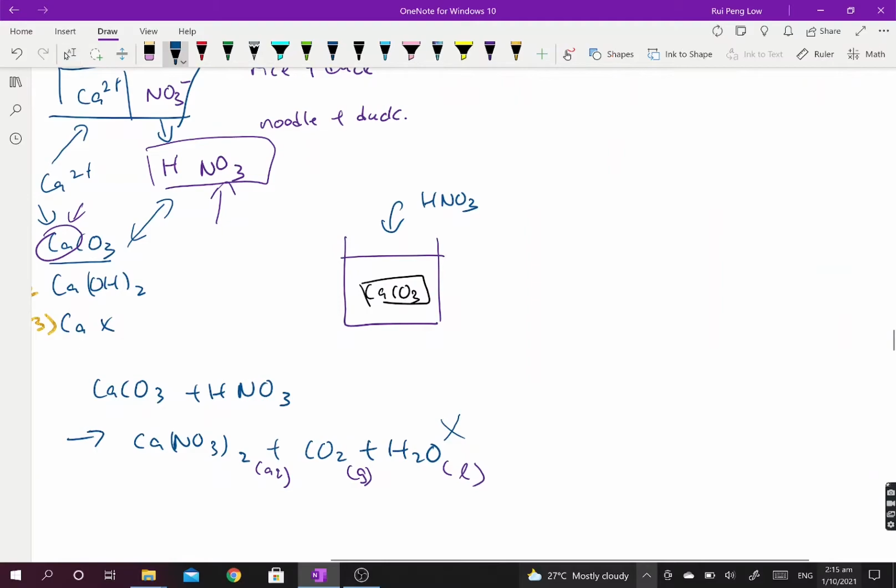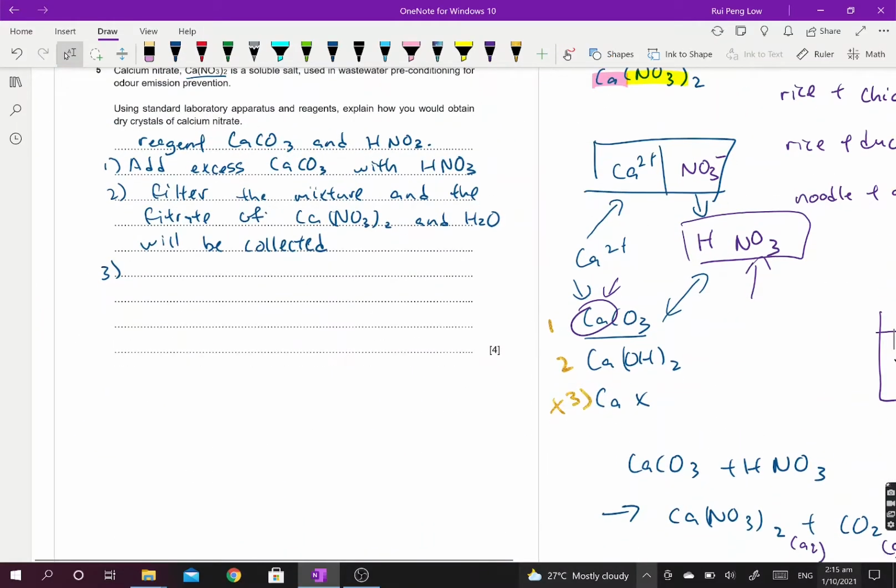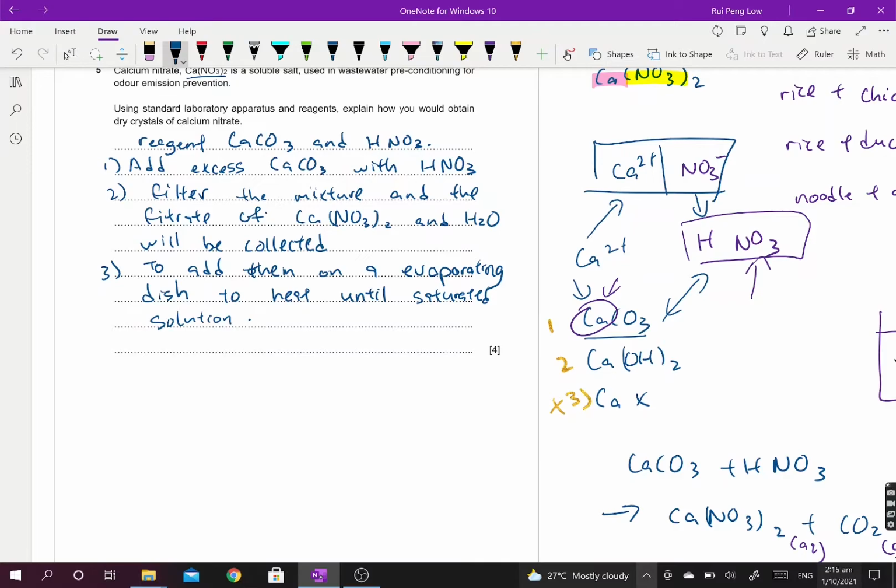So what you do, step number 3 will be to add them on an evaporating dish, to heat until saturated solution. Okay, because they want crystals.